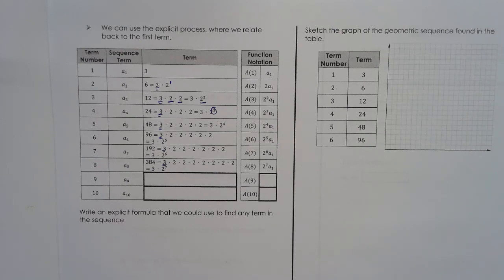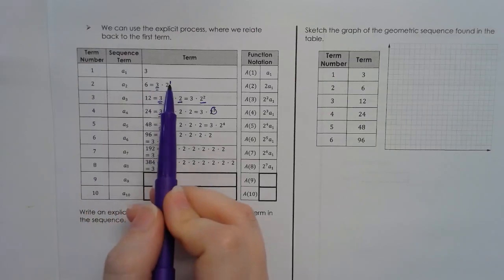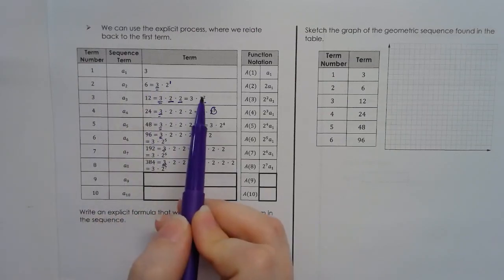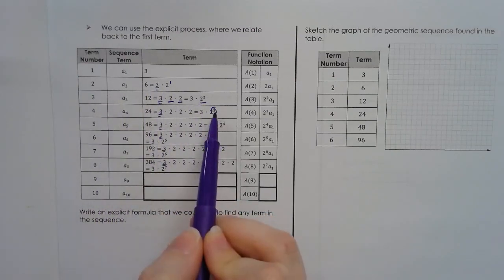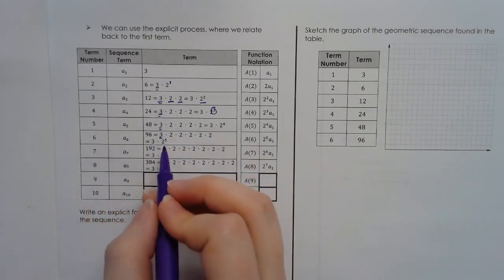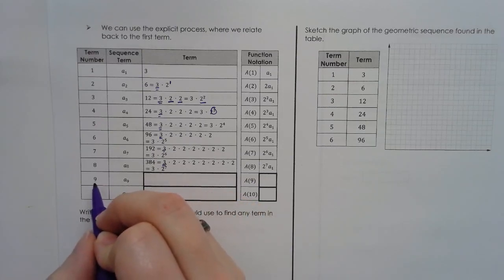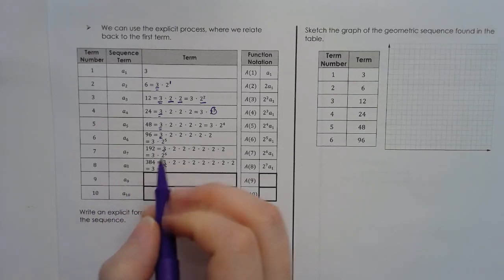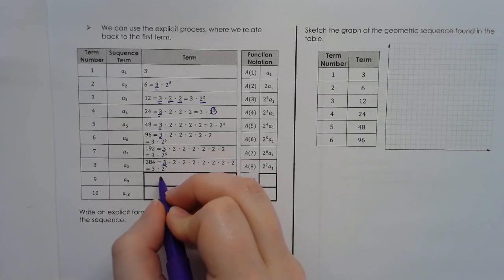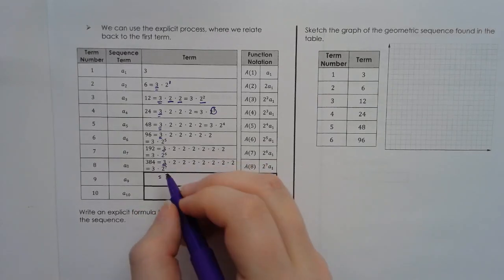Okay, so I heard a little bit of the conversation. So I think that what you said is, well, if this was 2 and 1, that's like 1 less, and 3 and 2, that's like 1 less, and 4 and 3, that's 1 less, and 5 and 4, and 6 and 5, and 7 and 6, and 8 and 7, so I bet it's going to be 9 and 8. And since I'm still using that 3, it's going to be 3, and it's going to be 8 2's.